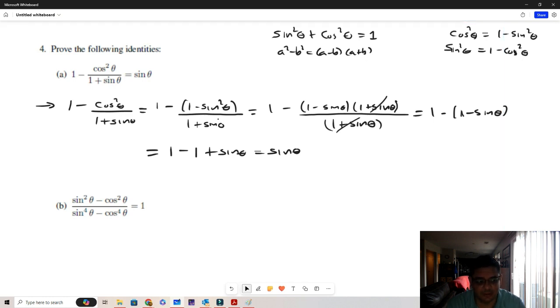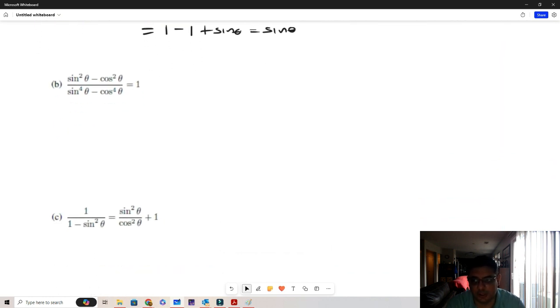Now let's go to identity 2. We have sine squared minus cosine squared divided by sine to the 4 minus cosine to the 4 equals 1. Now in here, again, we want to get to 1, but we want to make sure that we start from one side to reach the other.